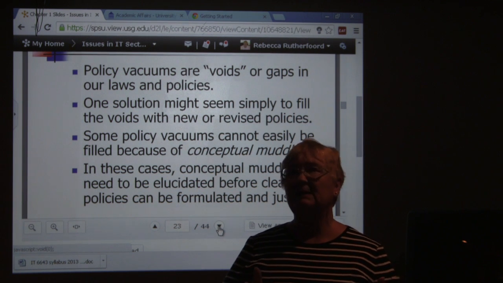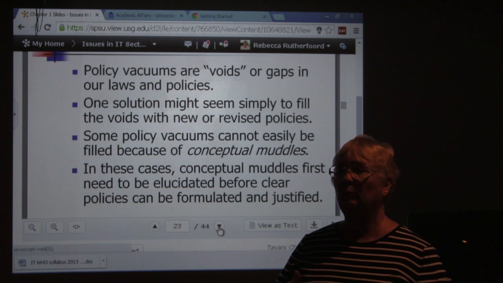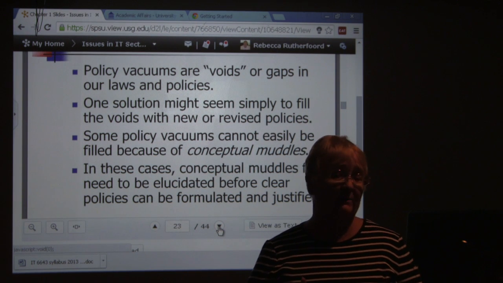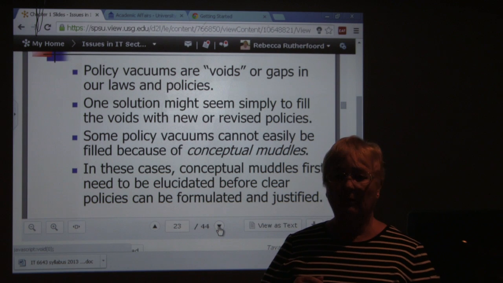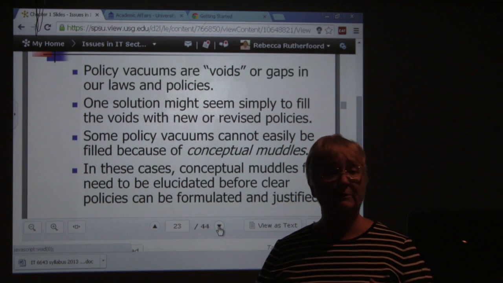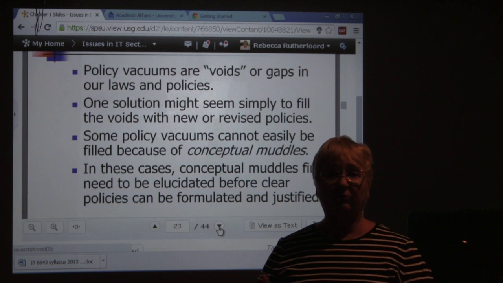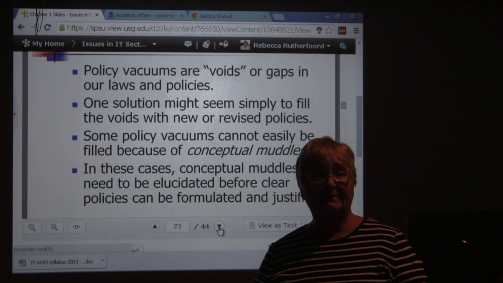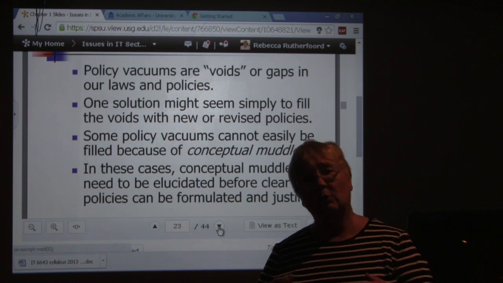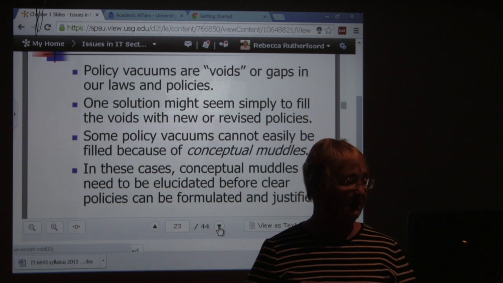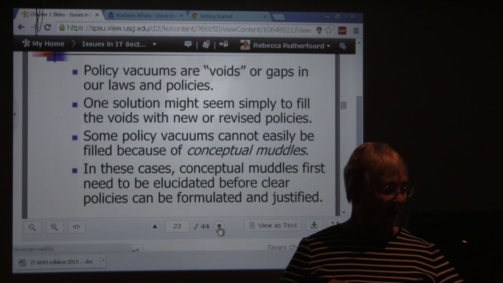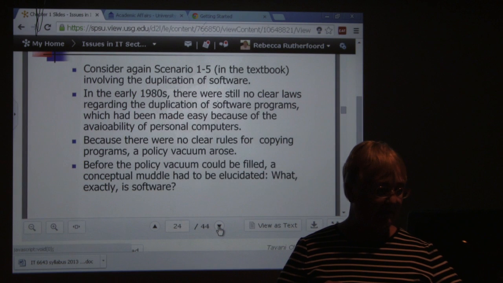We've also seen that with new technologies, we create what are called policy voids or law voids, where we simply don't have a law or a policy that deals with this new technology. And so we don't know how to behave, or we don't know what might be illegal in a particular area.